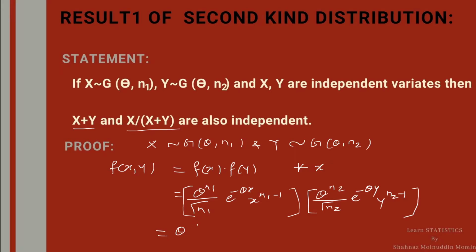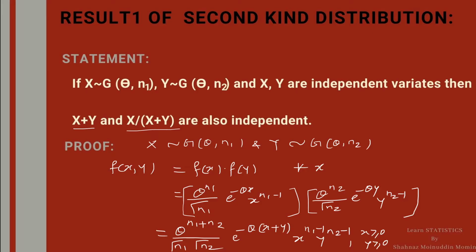I will combine the similar terms: theta raised to n1 plus n2 divided by gamma n1 gamma n2, e raised to minus theta times (x plus y), x raised to n1 minus 1, y raised to n2 minus 1, with x greater than or equal to 0 and y greater than or equal to 0, since the range of gamma is 0 to infinity.